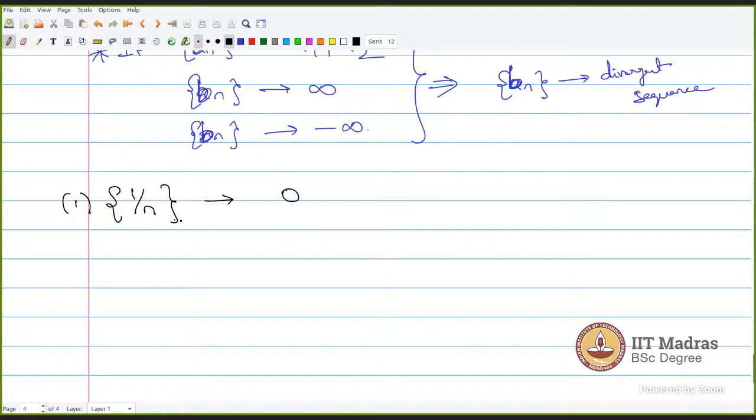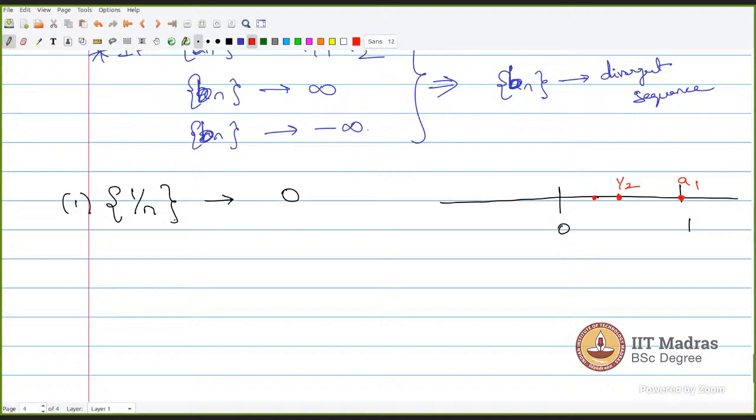As I increase the value of n, this particular sequence will go closer and closer to 0. If you want to look on the real line, this is 0, this is 1. My a1 will be 1, and my a2 will be half.